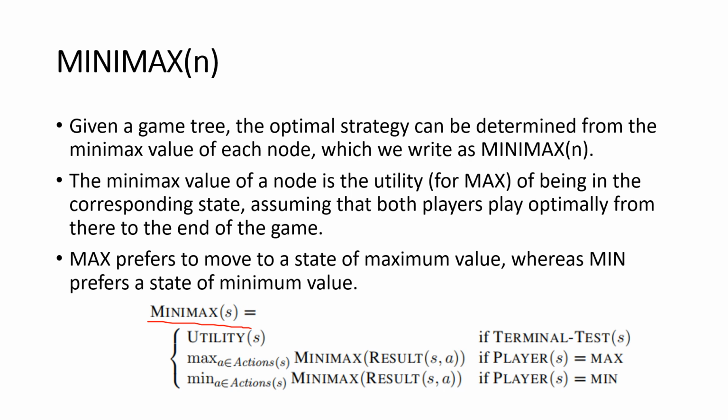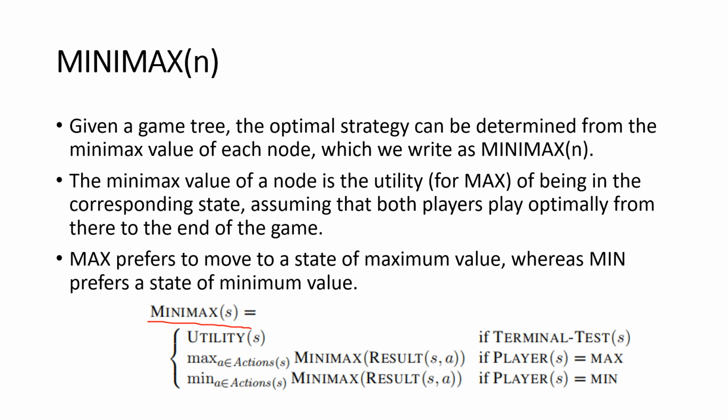Given a game tree, the optimal strategy can be determined from the minimax value of each node. So here we have 3 points. Every node gets one number, that number tells how good the position is, and the best move is the move with the best minimax value. So once every node has a value, choosing a move becomes easy.